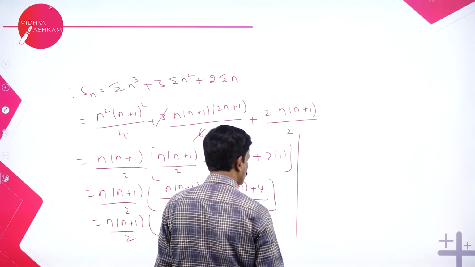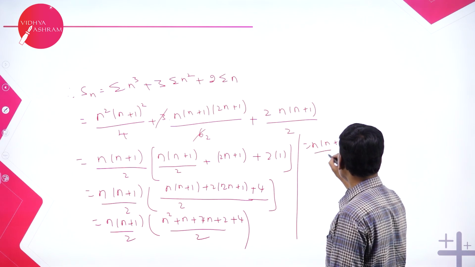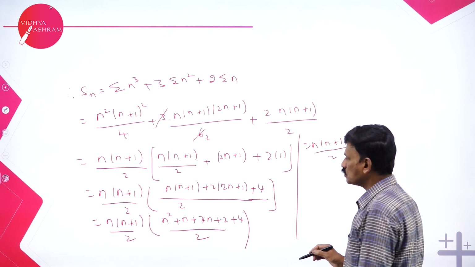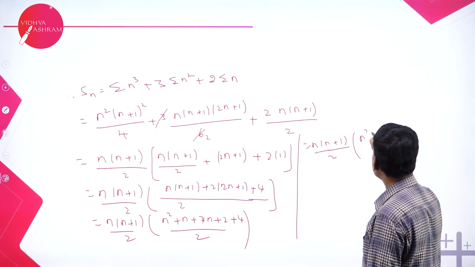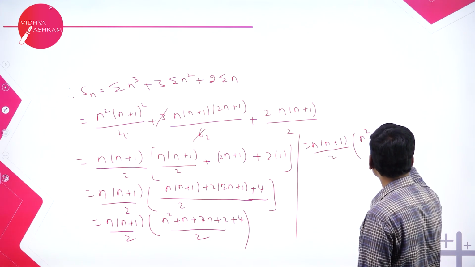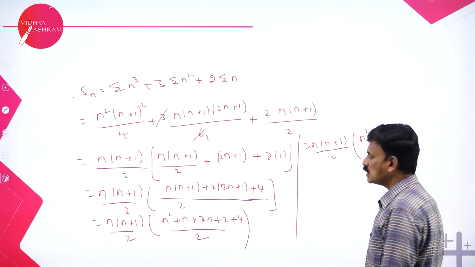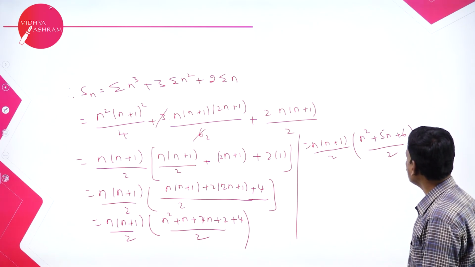So, this can also be written as n into n plus 1 divided by 2 into n square plus, so 4n plus 1 is 5n plus 2 plus 4 is 6 divided by 2. n square plus 5n plus 6 divided by 2.